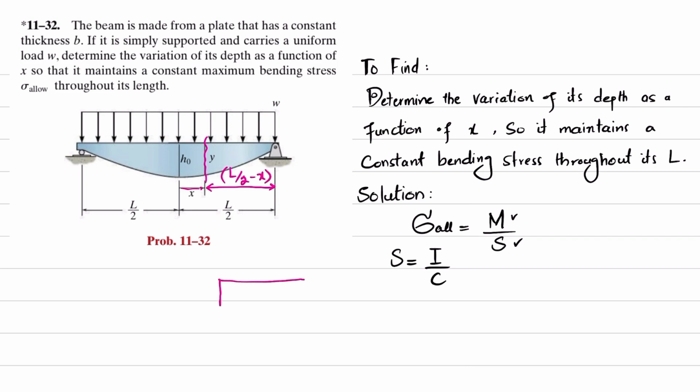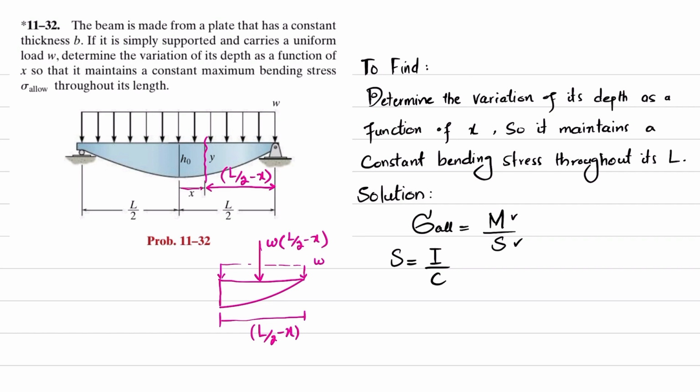If I draw this portion over here, and the uniformly distributed load dotted, it will be converted into a point load, and this distance is L by 2 minus x. So this uniformly distributed load when converted into a point load will be equal to W into L by 2 minus x.